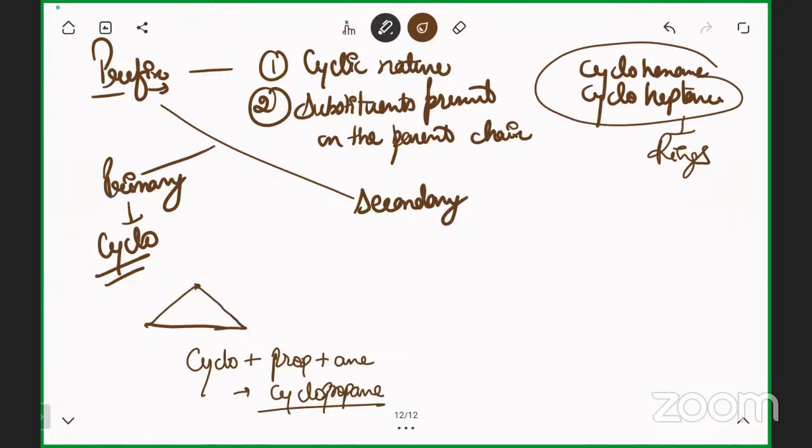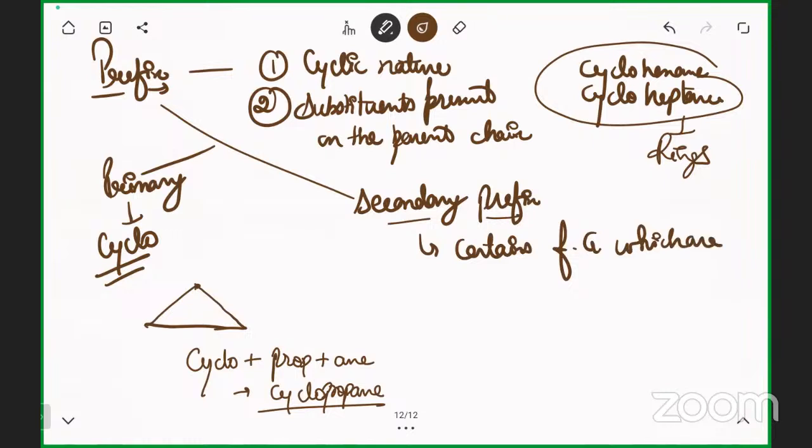But what about the secondary prefix? Anyone, any idea? See, certain groups are present which are not considered as the main functional group. So they are not generally added as the suffix in the name, and they are considered as secondary prefix.